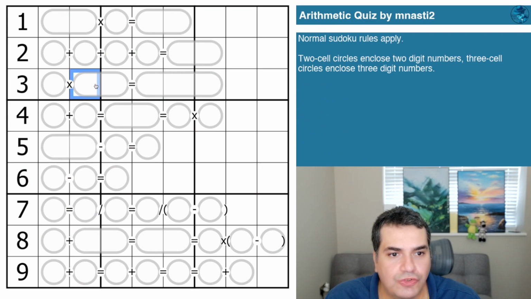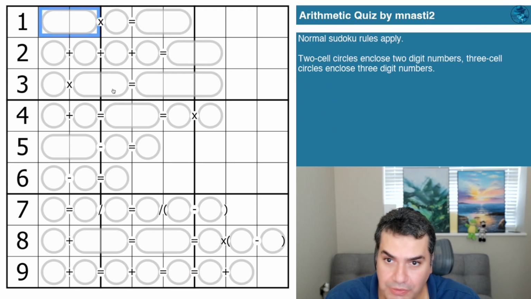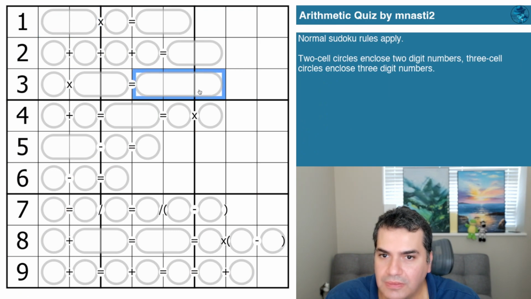Now, 2 cell circles enclose 2-digit numbers. So, for example, this cell here is a 2-digit number. And 3 cell circles, hopefully not too many of them, there's one there. There seems to be only one on the grid, enclose 3-digit numbers.